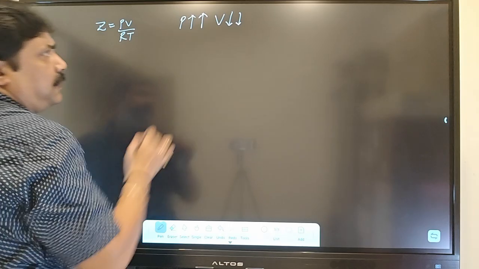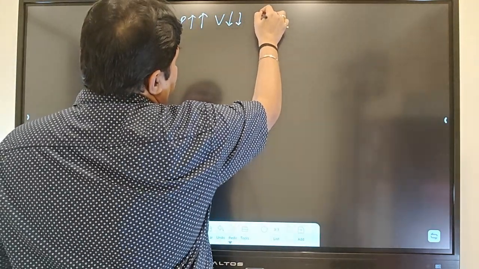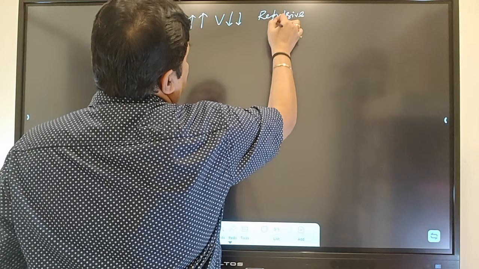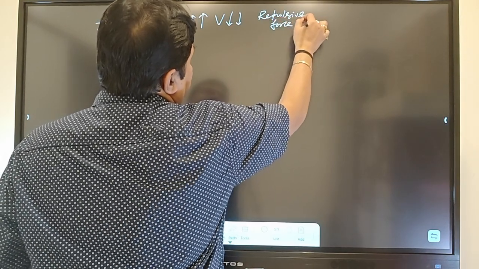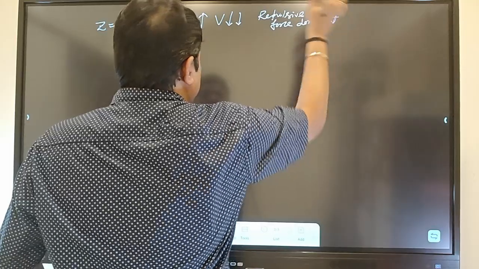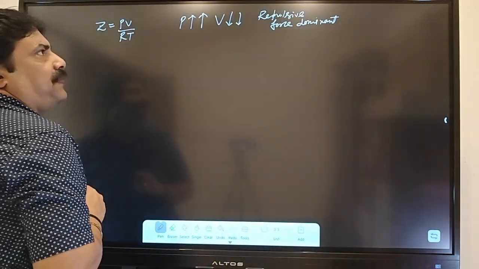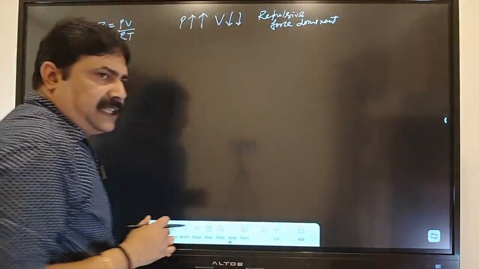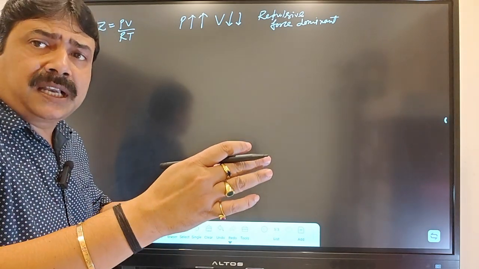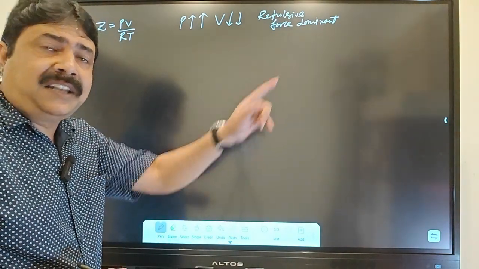When the volume is very, very low, then my repulsive force will be dominant. Once repulsion starts, the molecules will move away from each other. Then volume will start increasing.